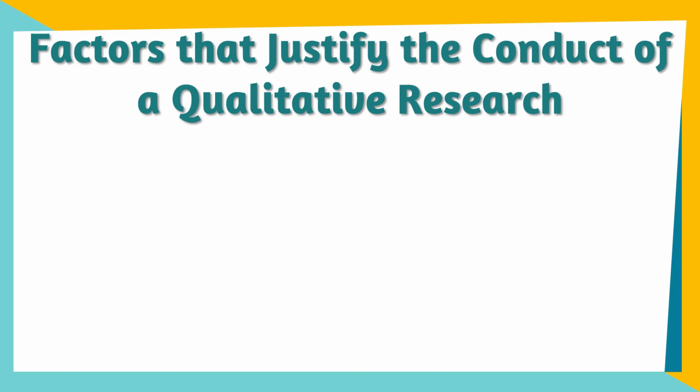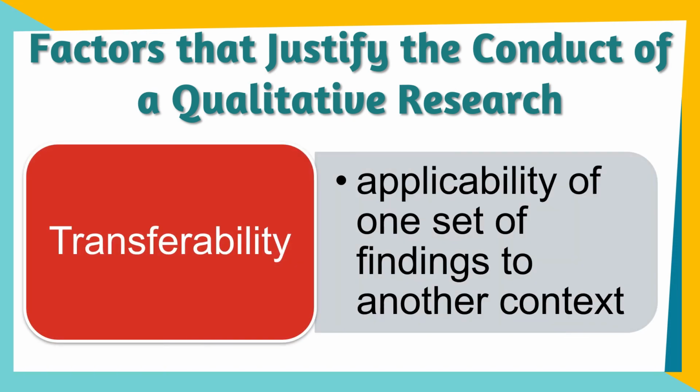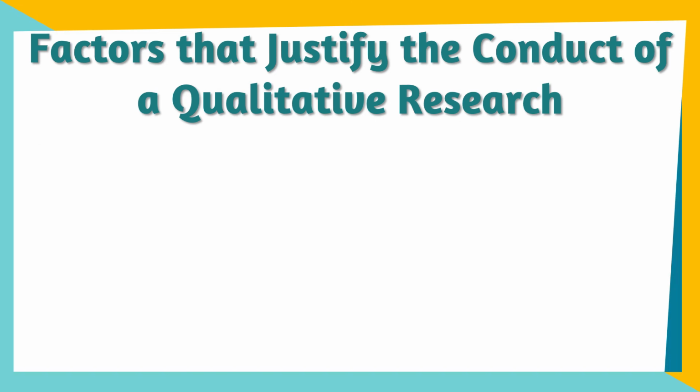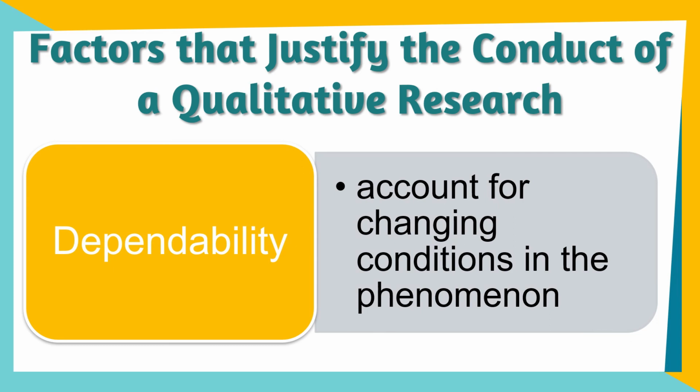The next factor is transferability. It is the applicability of one set of findings to another context. It means that it can be transformed or changed through the use of triangulation approach. The next factor is dependability.